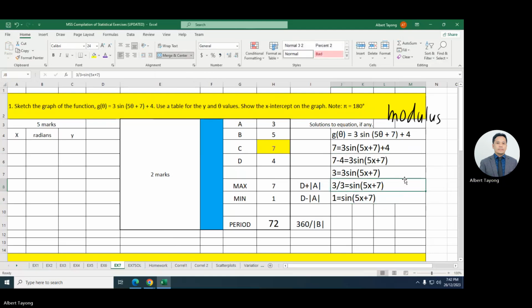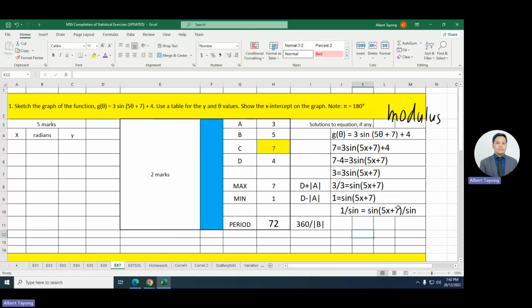Okay. Now, in mathematics, how to solve the sine? We divide both sides by what? Divide by sine. So 1 over sine equals sine (5x plus 7) divided by sine.